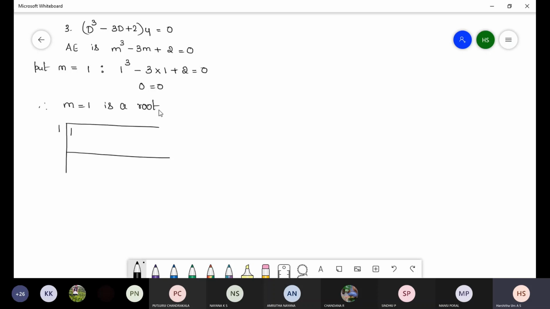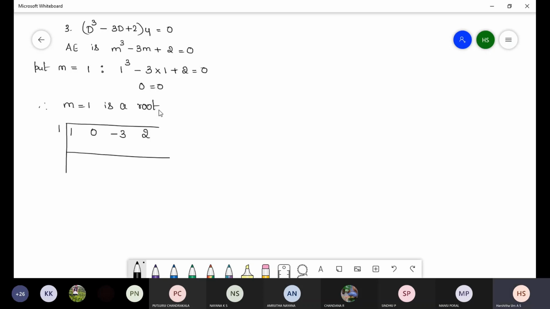But if you see the equation, the second order is missing. There is no term with d square, so we have to write 0 in that place. Next, the d coefficient is minus 3. Next constant is 2. So, this is the way we write it.